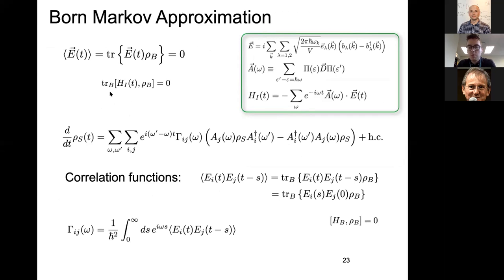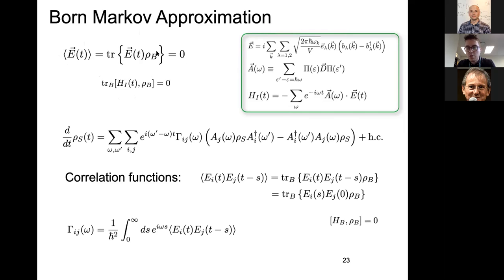If you recall, one of the assumptions that went into the derivation was that the trace of the commutator of our interaction Hamiltonian in the interaction picture with the initial state of our environment is 0. For this application, we can show that this assumption indeed holds, based on the fact that the expectation value of our environment operator, the electric field vector, vanishes.